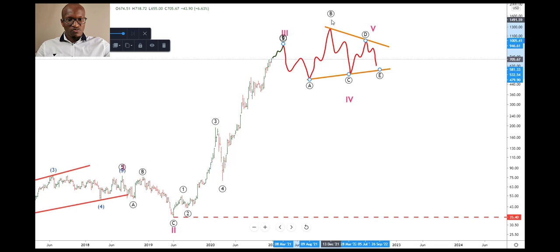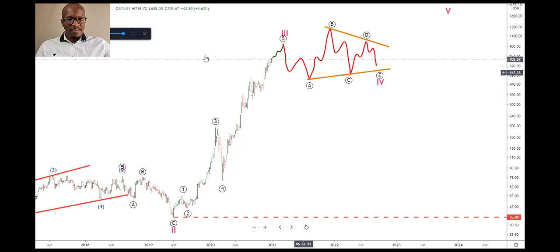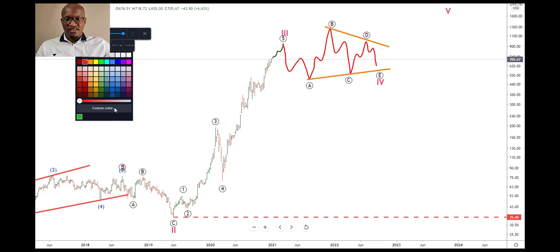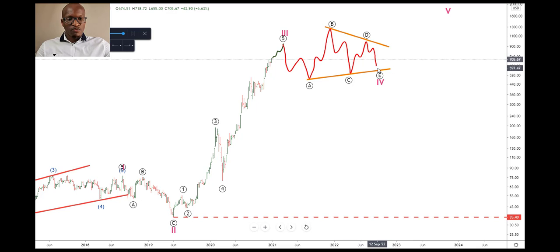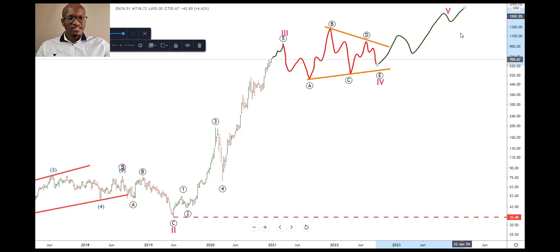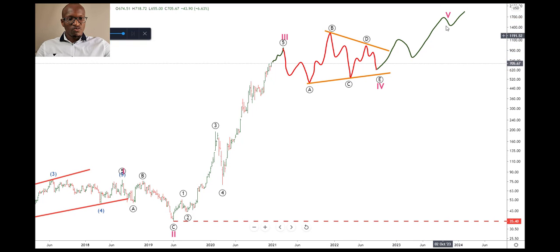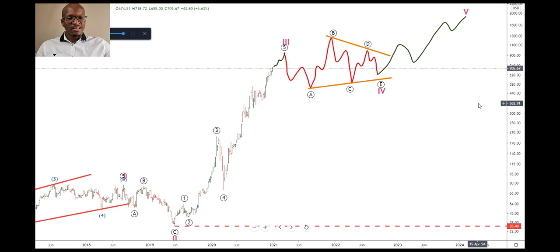Okay, so this would be our triangle for wave 4. And then the market will have to make one last push to the upside to complete wave 5, whether in an impulse or ending diagonal, can never forecast in advance. So this is where I see the market and where I see the market going.